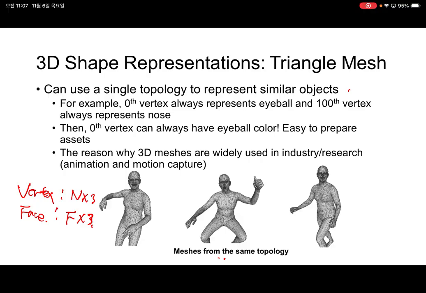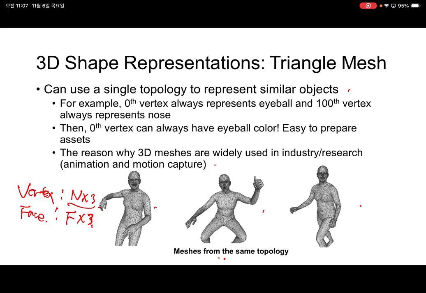The vertex positions could vary depending on the human pose, so this N times 3 might change, but we always assign eyeball color to the 0th vertex if we use a single topology to represent similar objects. That makes preparing assets very easy, right? And that is the reason why 3D meshes are widely used in industry and research, because animation and motion capture are really easy and straightforward when we use mesh.